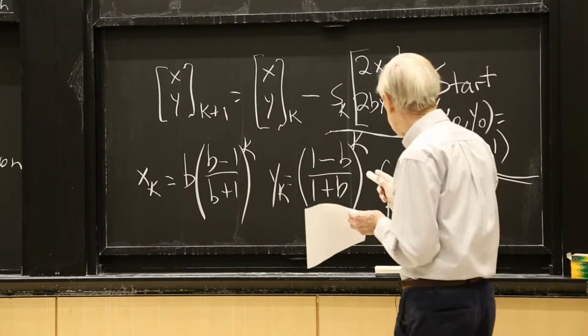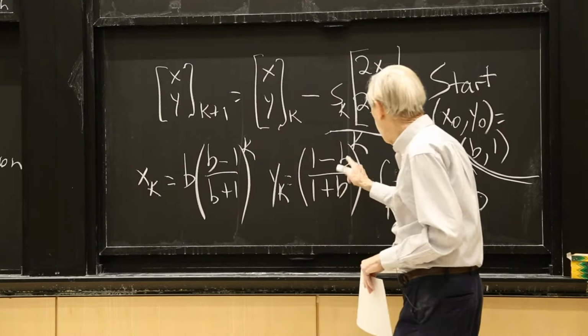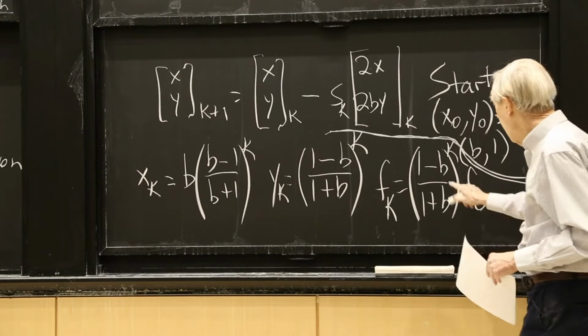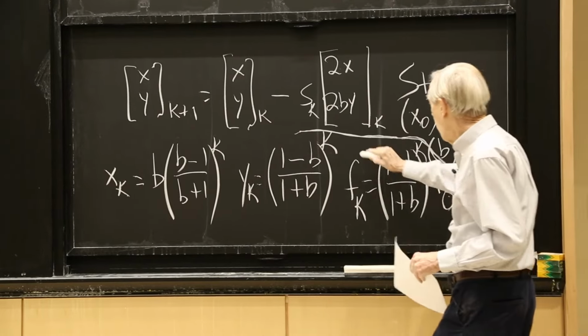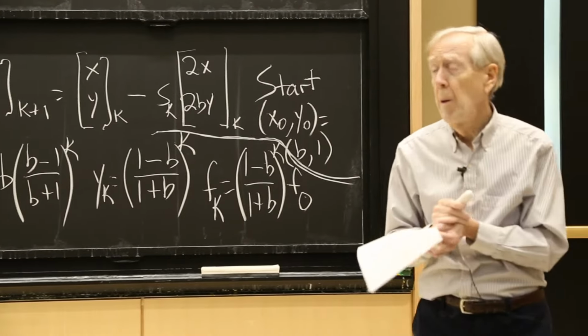At k equals 0, I have x_k equal b, y_k equal 1, starting at (b, 1), and that tells me the rate of decrease of the function. It's this same ratio.